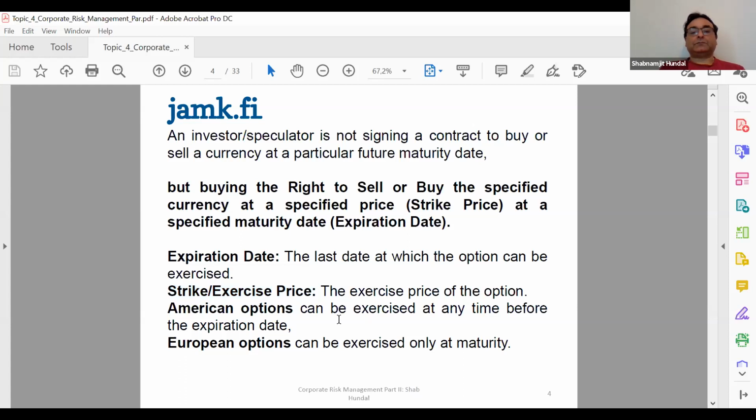Interestingly, options can be American and European. Now, American options and European options have nothing to do with geographical location at all. The only thing is that American options you can exercise on the deadline and even before the deadline.